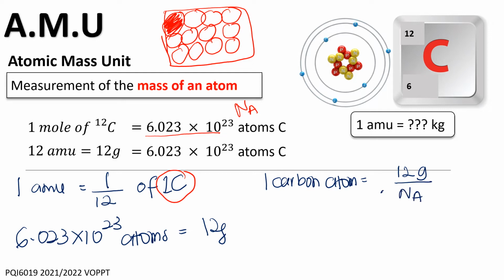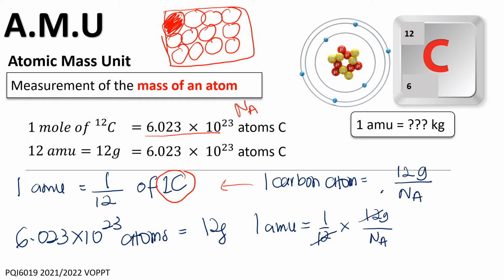So if we put this equation in this, we will get 1 AMU is equal to 1 over 12 times this 12, right? So we can cancel this.